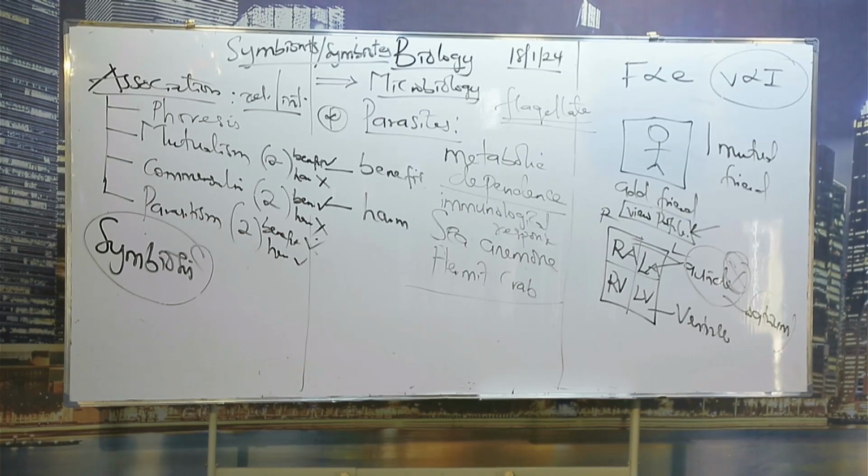So that's the major reason why parasites are different. Once a parasite enters your body, you will know. Once a mosquito bites you, before you know it, you start feeling symptoms of malaria. So your body is beginning to react to that.